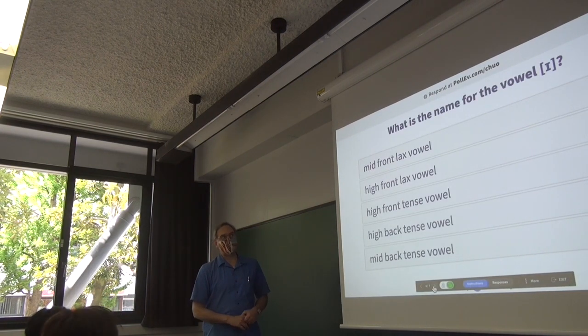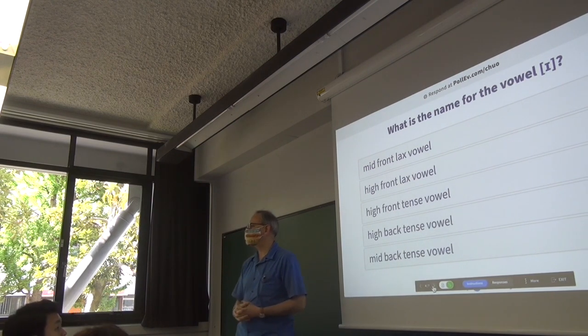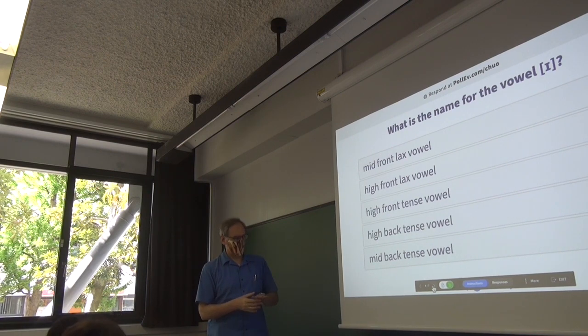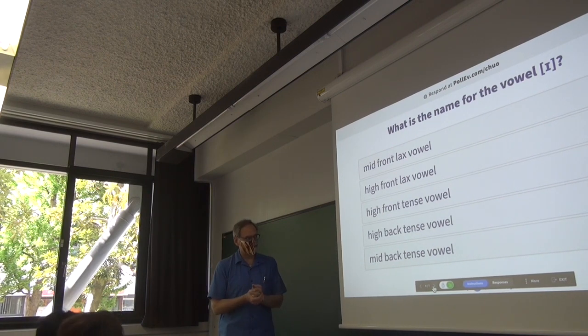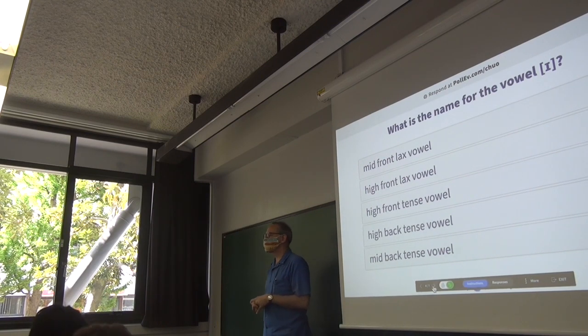What is the name for the vowel I? Is that a mid-front lax vowel, a high-front lax vowel, a high-front tense vowel, a high-back tense vowel, a mid-back tense vowel?